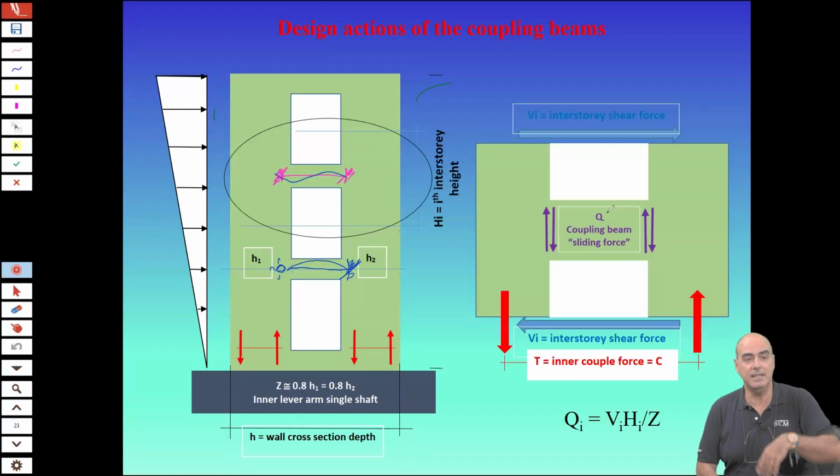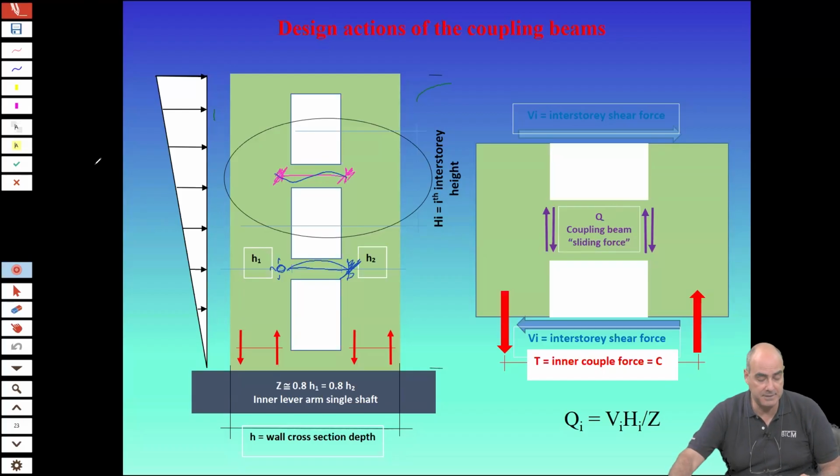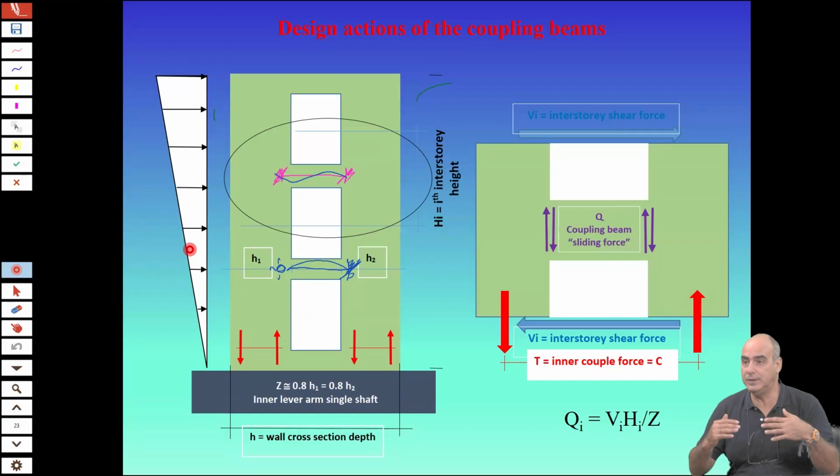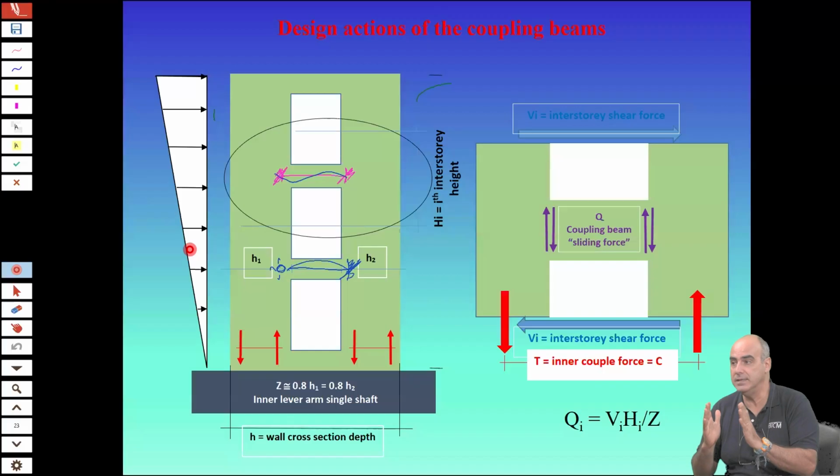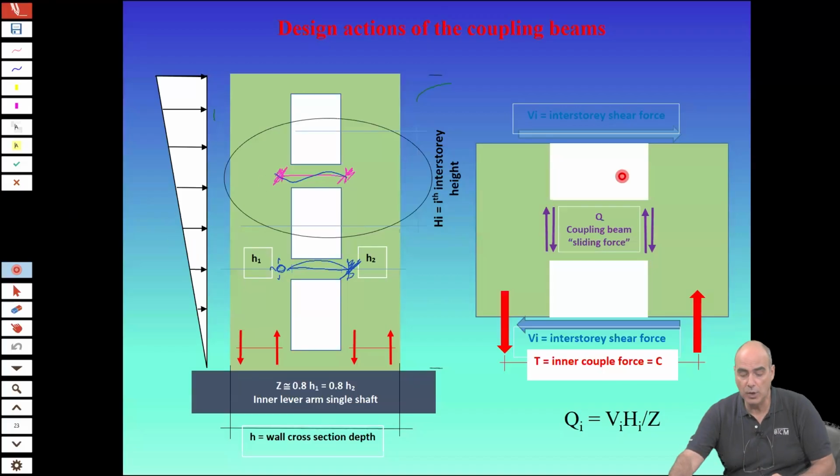Well, in a building, it's always like that, except for the lower half of the bottom floor and the top half of the top floor. We can calculate, because we have this distribution of shear forces, which is the total force which pertains to that floor.